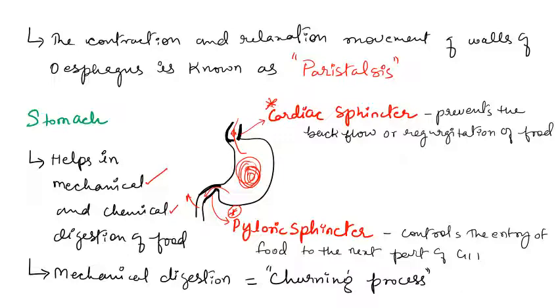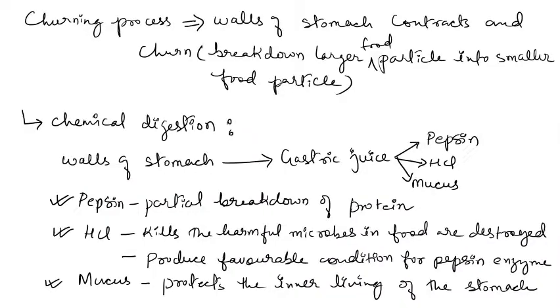Mechanical digestion is known as the churning process, in which larger food particles are broken down into smaller food particles. In this churning process, the muscle layer of the stomach contracts and relaxes so as to break down the larger food particles into smaller ones.